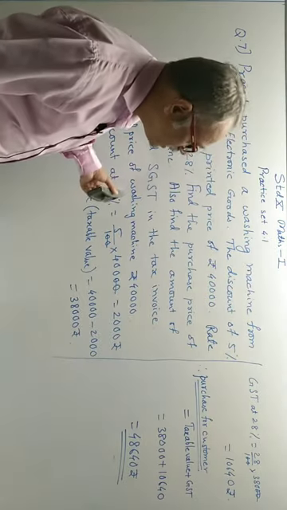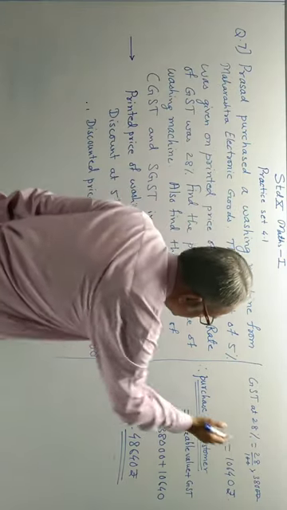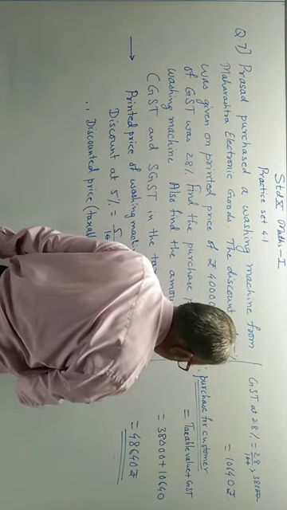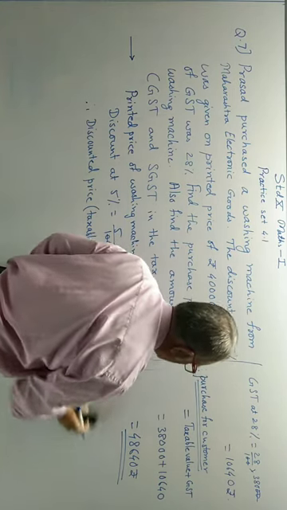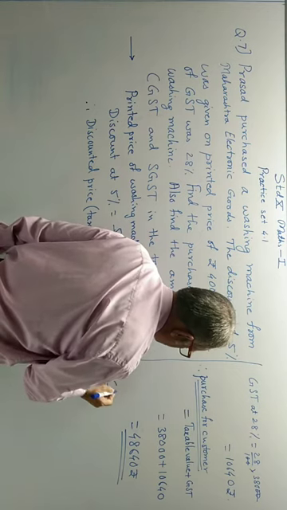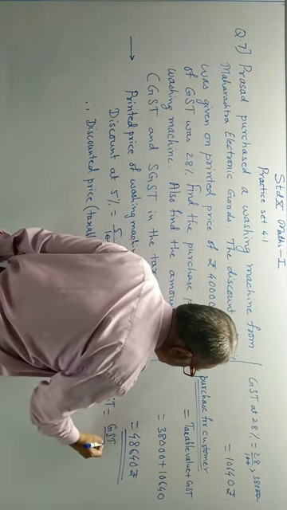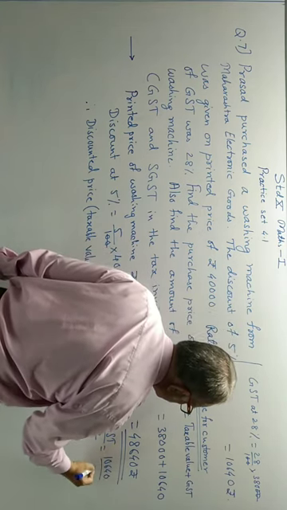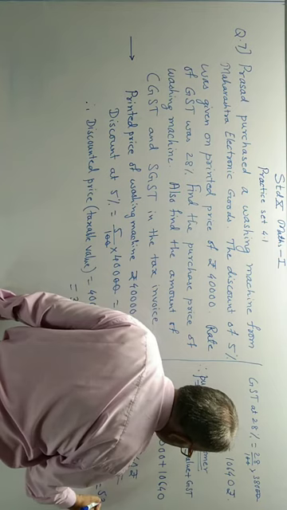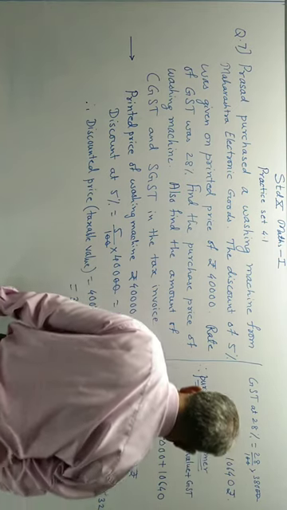Now we have to find CGST and SGST. GST is calculated. CGST is GST upon 2, and SGST is the same as CGST. CGST is equal to GST upon 2, 10,640 upon 2. 2 5s are 10, 2 3s are 6, 5320 rupees.